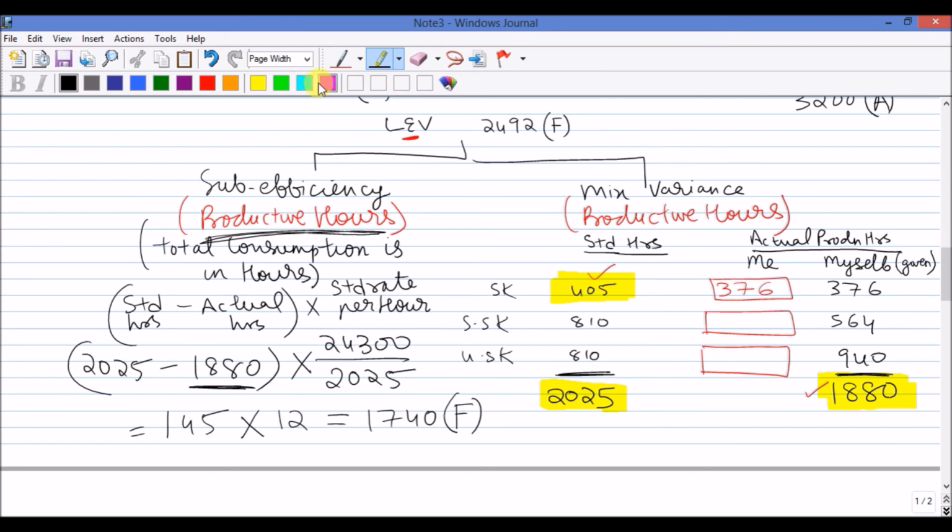So 810 multiplied by 1880, divided by 2025, I'm going to get 752. Similarly 810 multiplied by 1880, divided by 2025, I'm going to get 752. So I have got me.